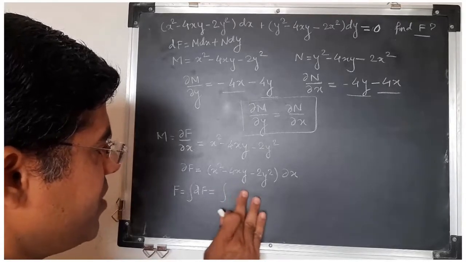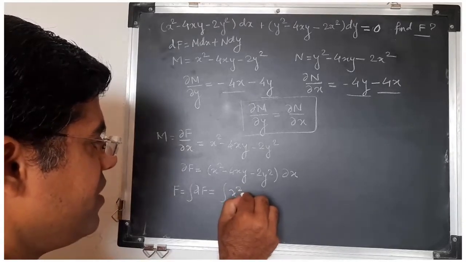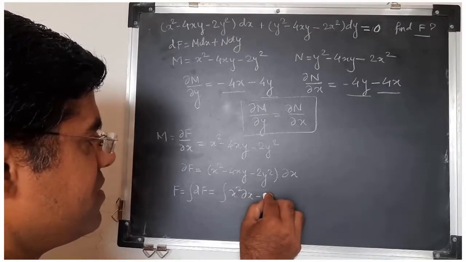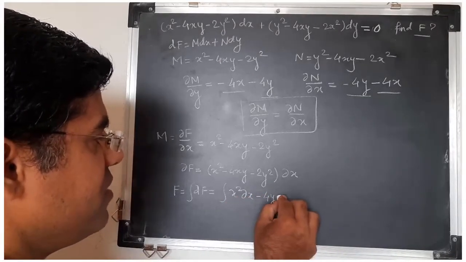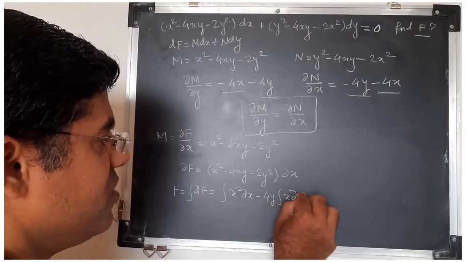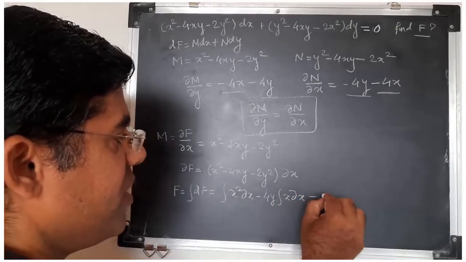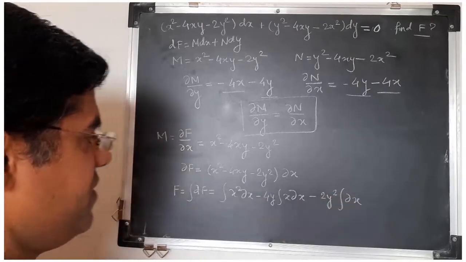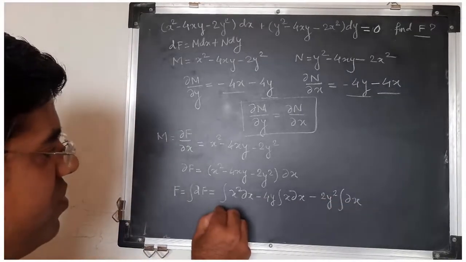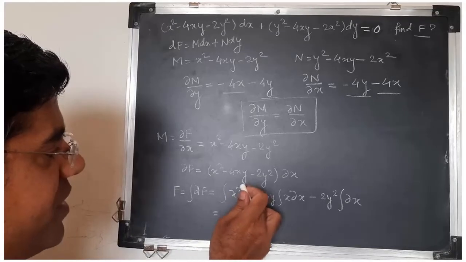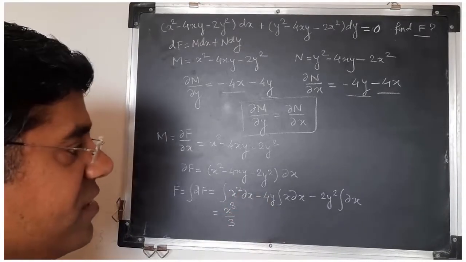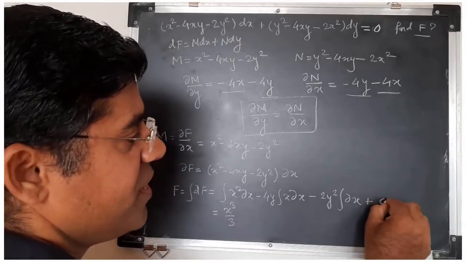I'll split up that particular term: x squared dx minus, with 4 and y outside, the integral of x dx, minus 2y squared times the integral of dx. We know the integral of x squared dx is nothing but x cubed upon 3 plus the constant of integration, c.